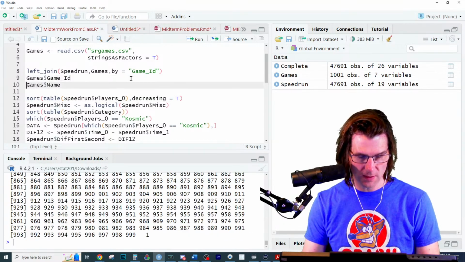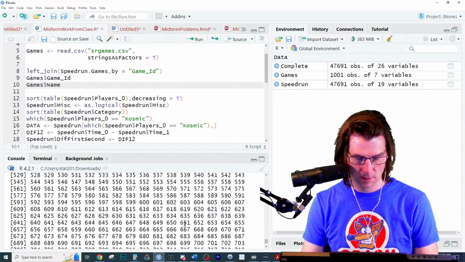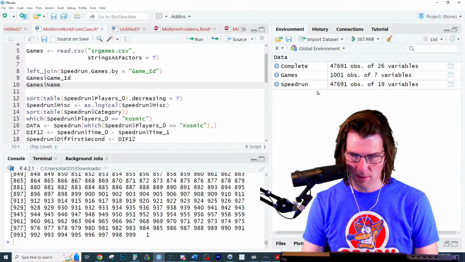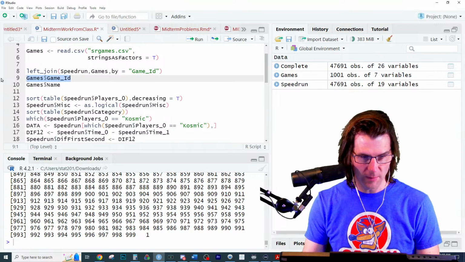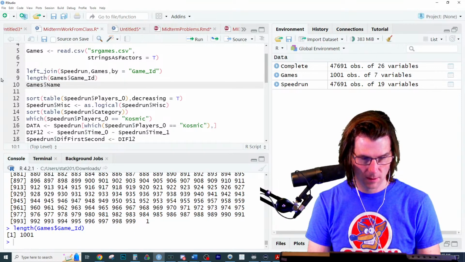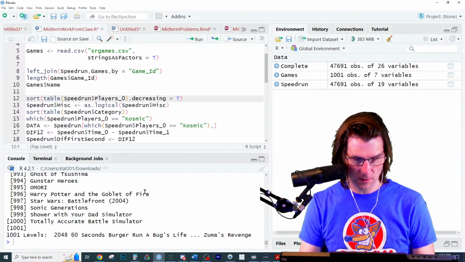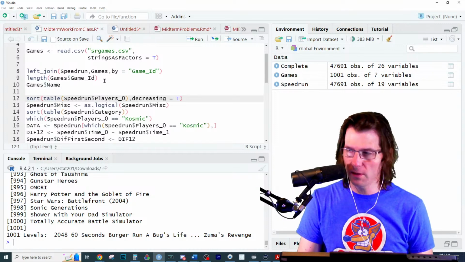Is there more game IDs than that? Why is the game ID 1 over there? Or is that, no, game ID. Let's go here to length. Well, why does it look like that? What is going on? Okay, so it looks right.